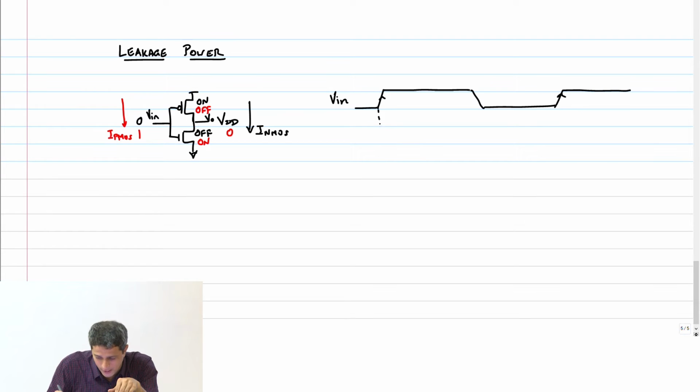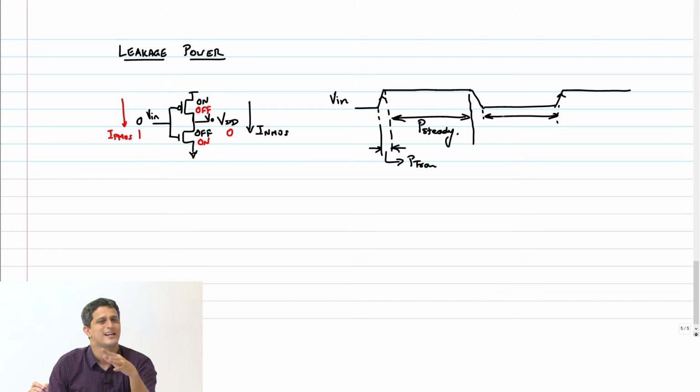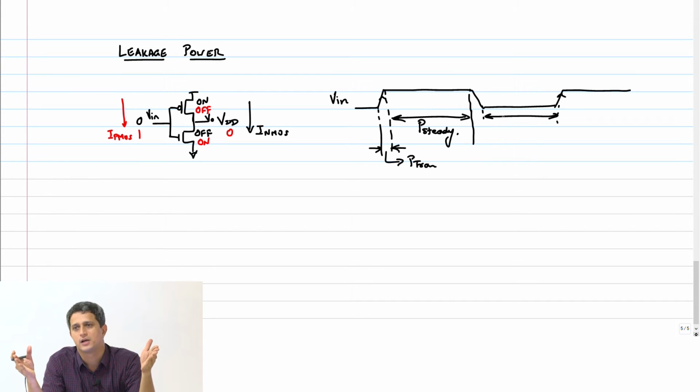Then during this period, I am going to have all the transient power. During this period, here, I am going to have steady state power, right? And also here. And if you take a slightly slow clock, effectively it's the entire clock period during which you are going to have this leakage current.